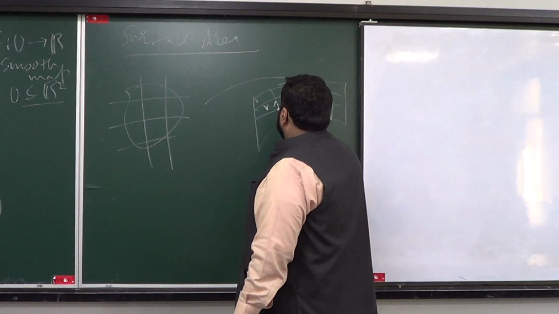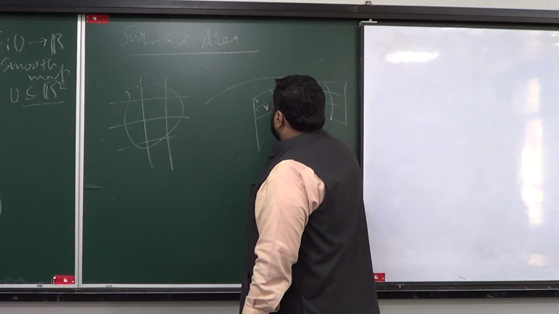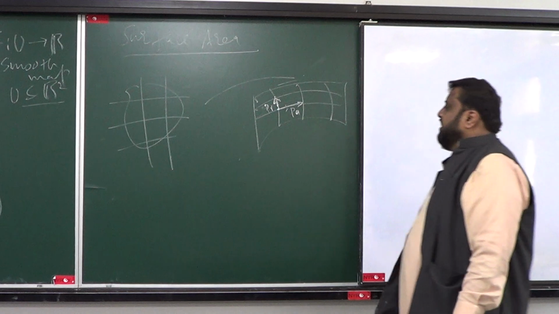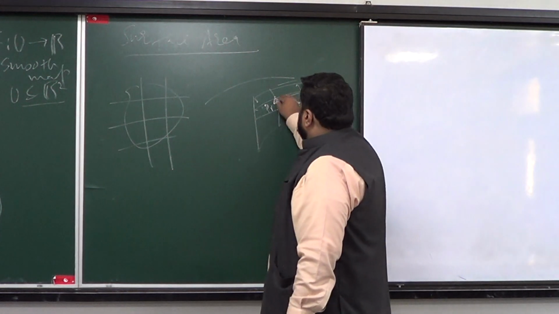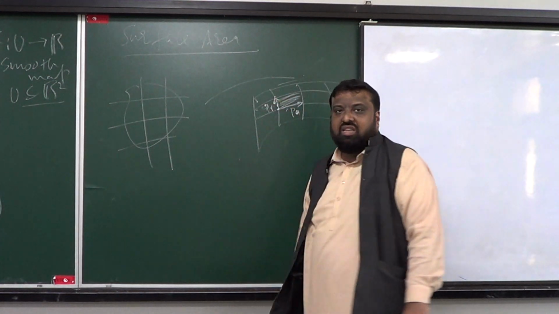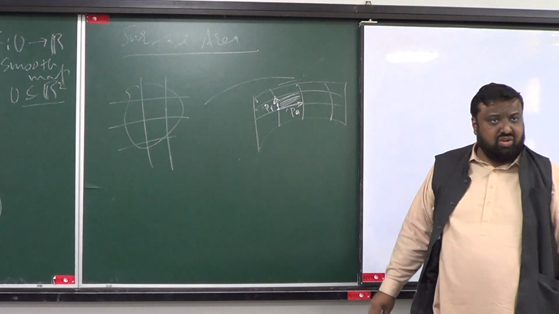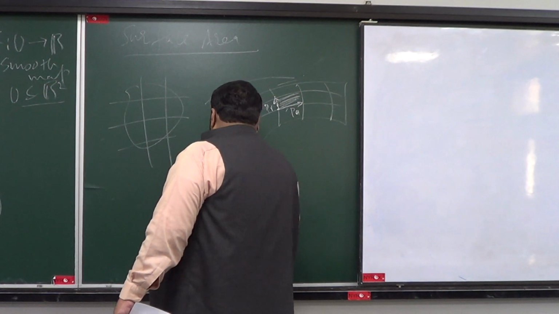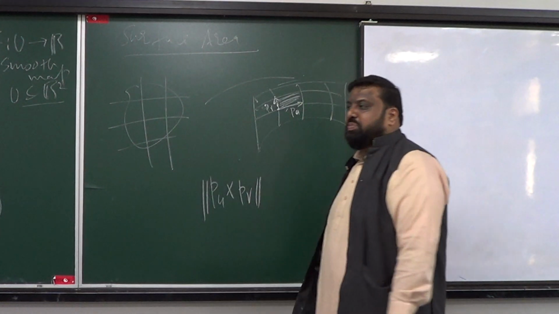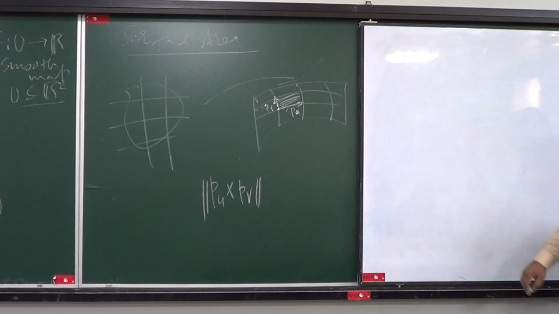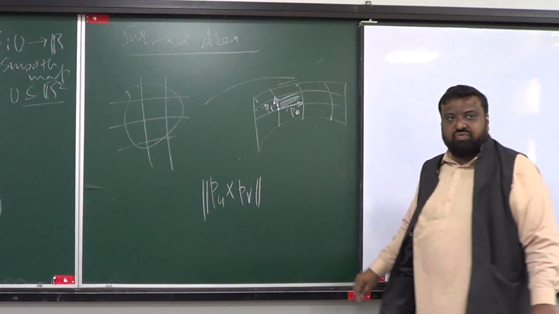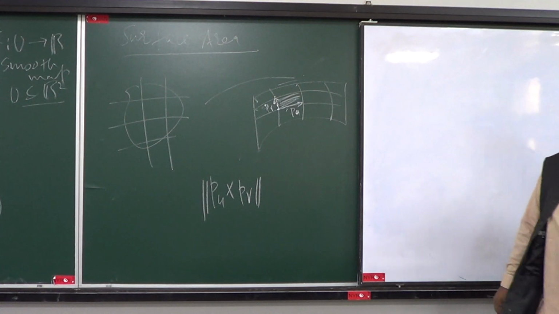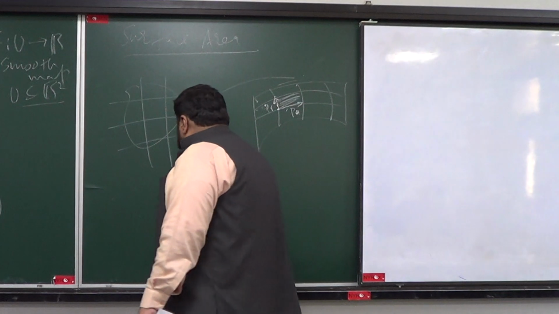Okay, so Pu cross Pv, and then this area is going to be really the magnitude of Pu cross Pv. So the magnitude of Pu cross Pv is giving you the area of this small chunk. So what would be the next thing that you should do? Integrate. Add them all. So do the double integral.